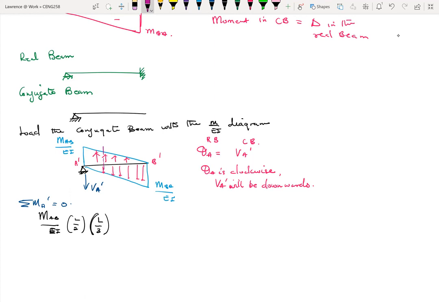Okay, and then now that causes a clockwise rotation about A. The second triangle below will cause an anti-clockwise rotation about A. So that becomes negative.